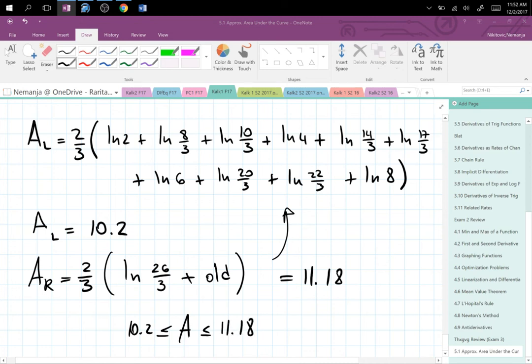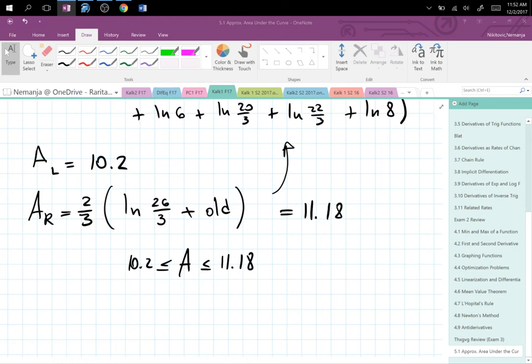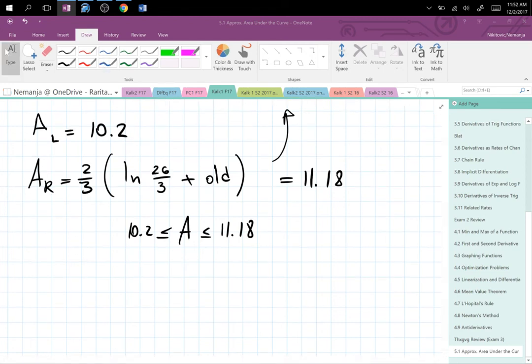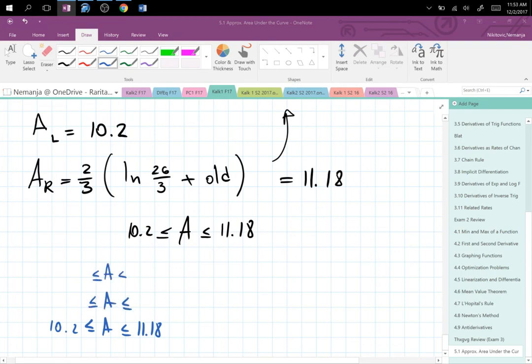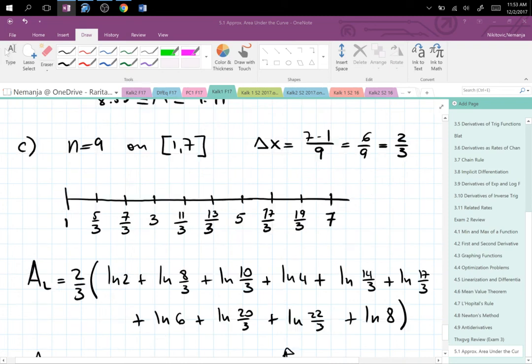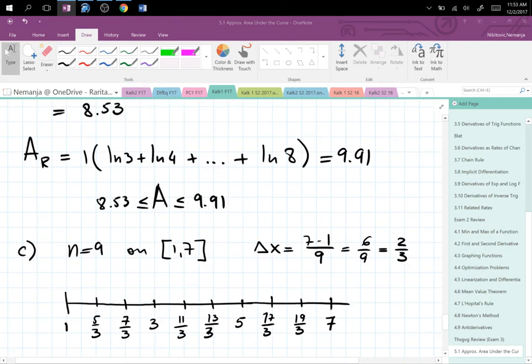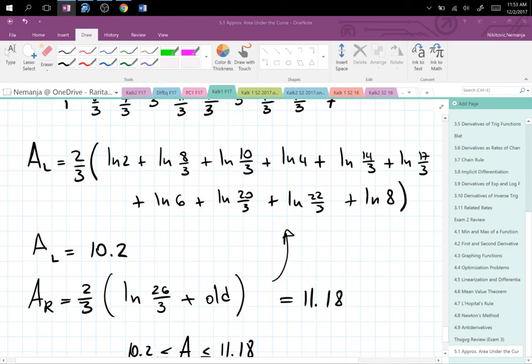So if I write all three ranges, here is the 10.2 less equal than area less equal than 11.18. Then the previous one was 853, 991.